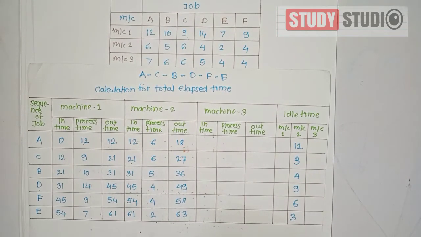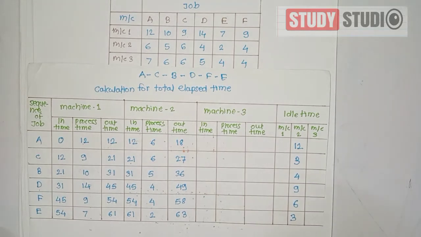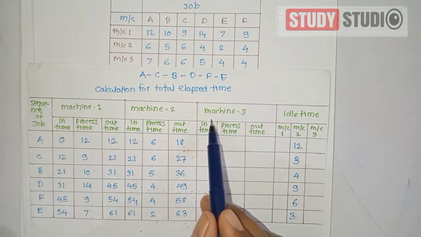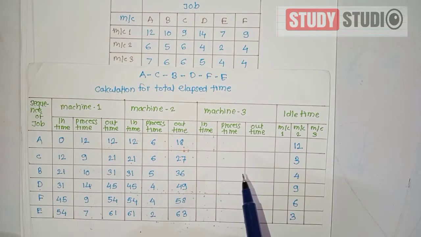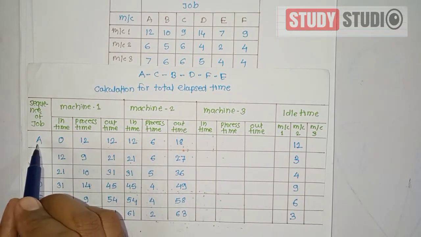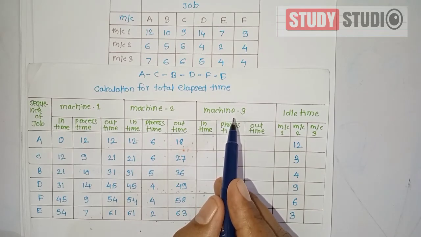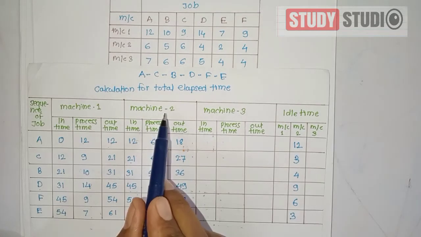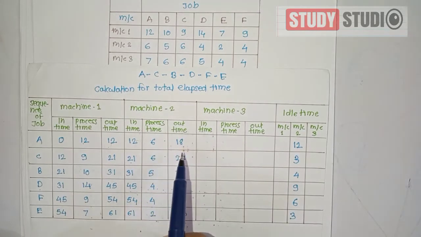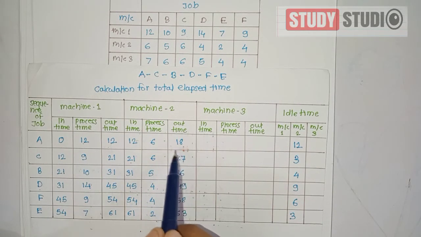Now let's do the calculation for machine 3. See here, now job A will arrive on machine 3 after completion of its operation on machine 2, that is after 18 hours.